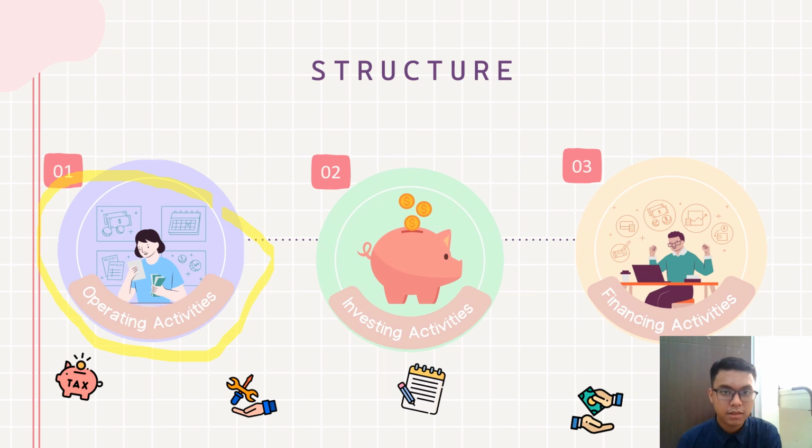These operating activities might include receipts from sales of goods and services, interest payments, income tax payments, payments made to suppliers of goods and services used in production, rent payments, and any other type of operating expenses.